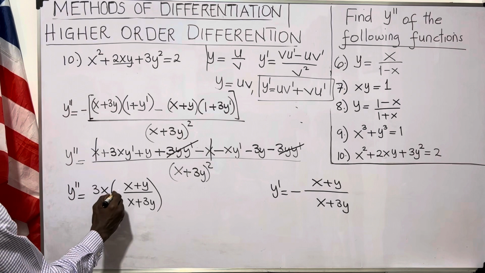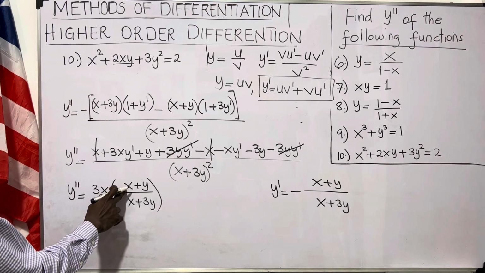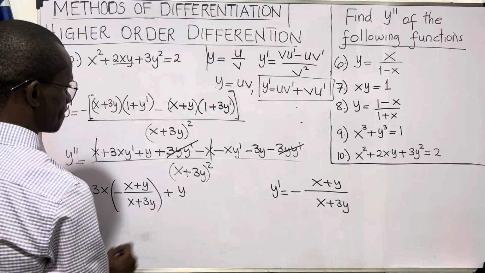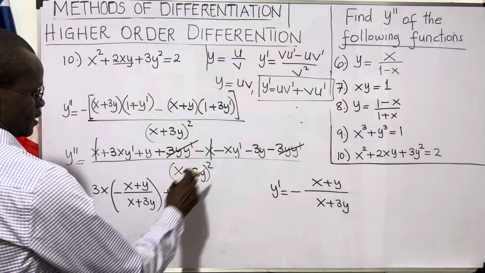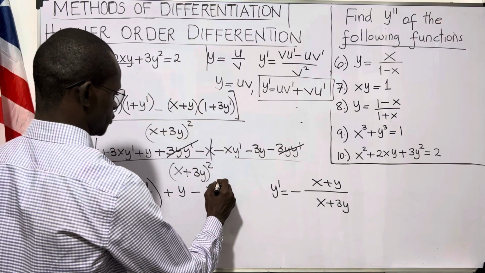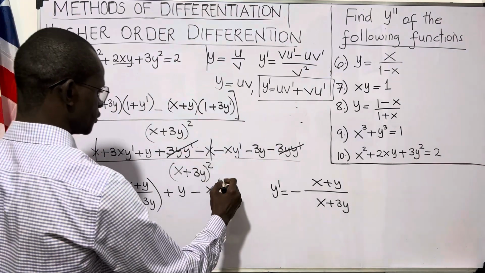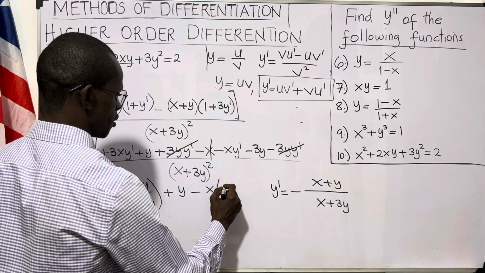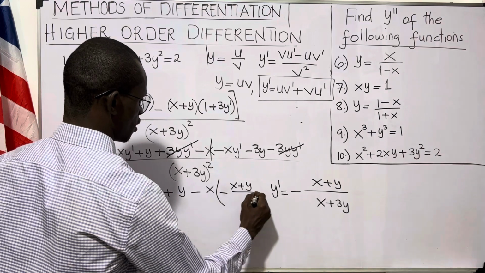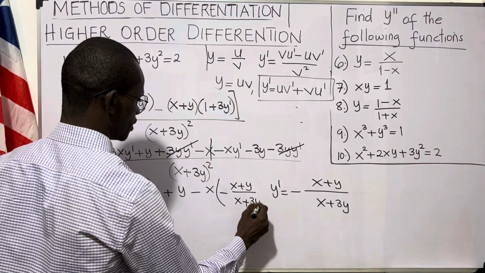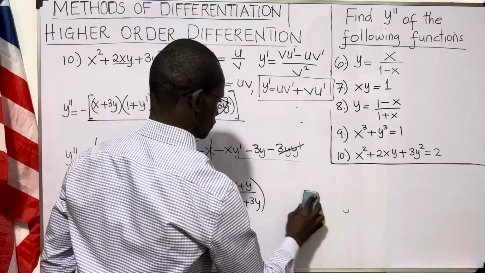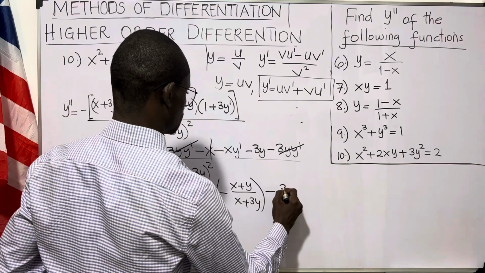Be careful with this minus. This minus is not only affecting this x, it's affecting both x and y. And then plus y. And what's next? Minus x. And then y prime now gave us x minus x plus y all over x plus 3y, and we have minus 3y.